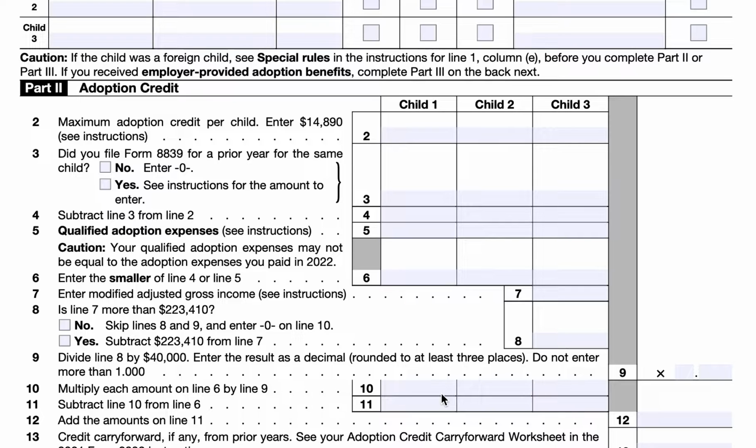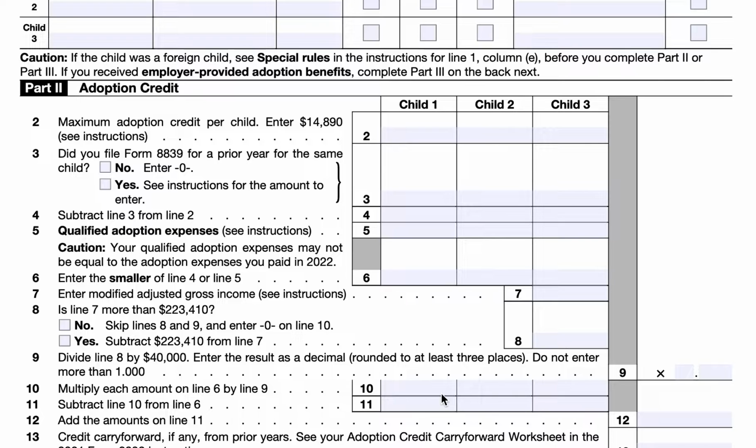According to the instructions, you will enter the amount from IRS Form 1040, 1040-SR, or 1040-NR, line 11, increased by the total of any: 1. Exclusion of income from Puerto Rico. 2. Amounts from IRS Form 2555, lines 45 and 50. And 3. Any amounts from IRS Form 4563, line 15.